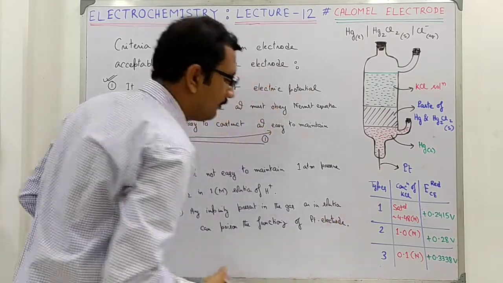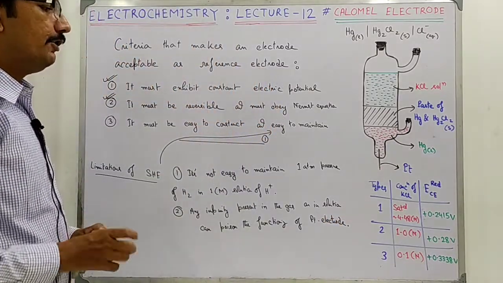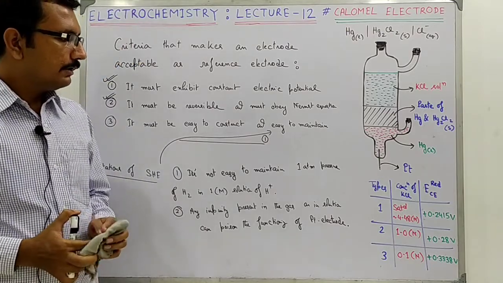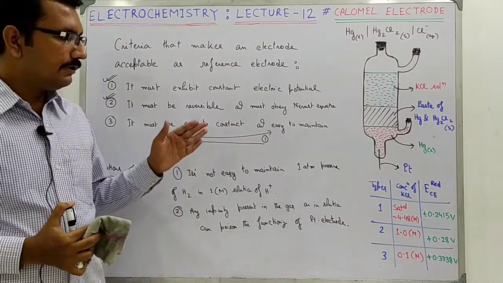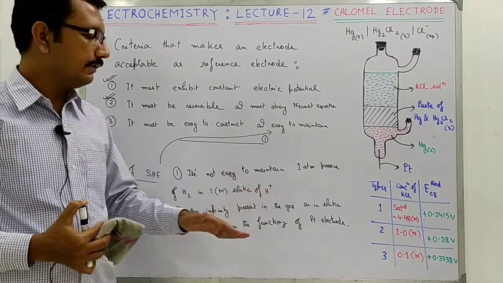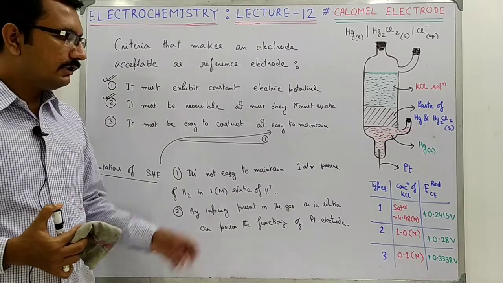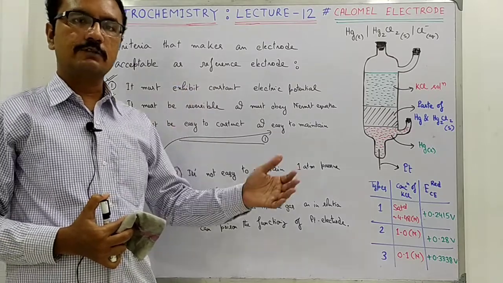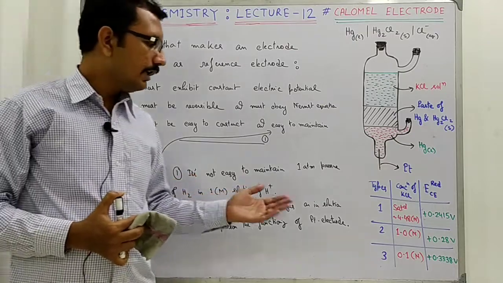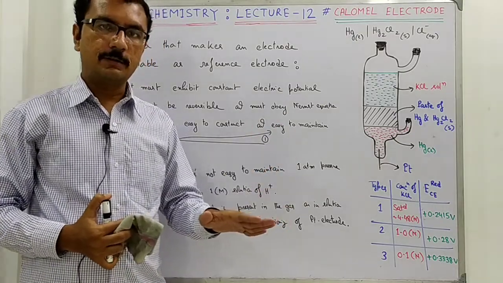Since the platinum electrode is impurity sensitive, you have all heard of the reaction involved in the contact process preparation of sulfuric acid, that is, oxidation of sulfur dioxide to sulfur trioxide, and that oxidation is being carried out in the presence of platinum asbestos.